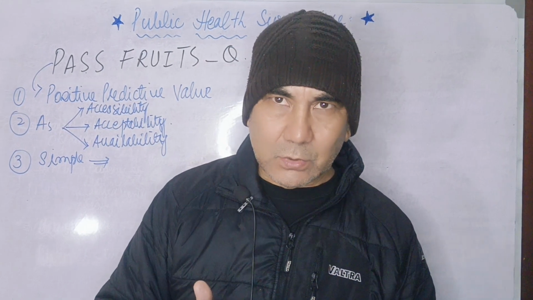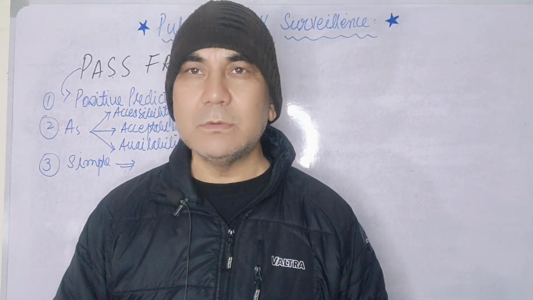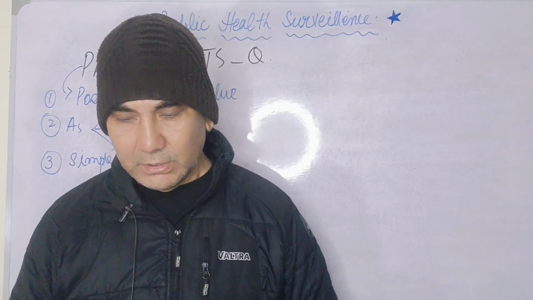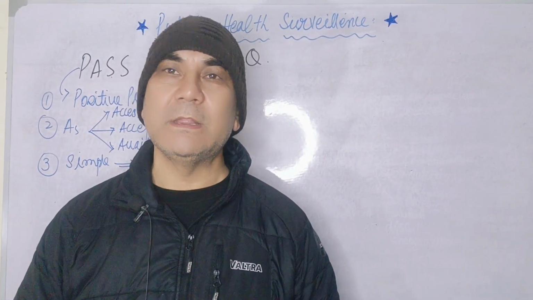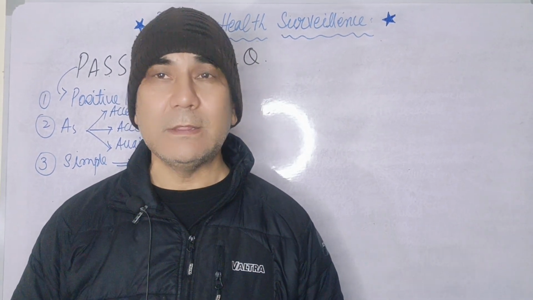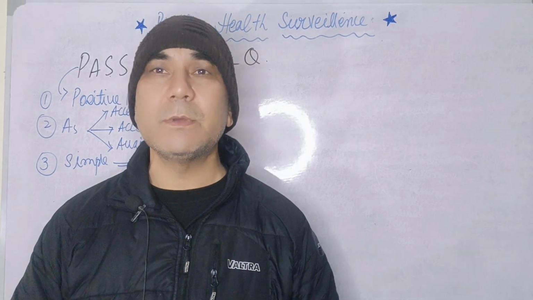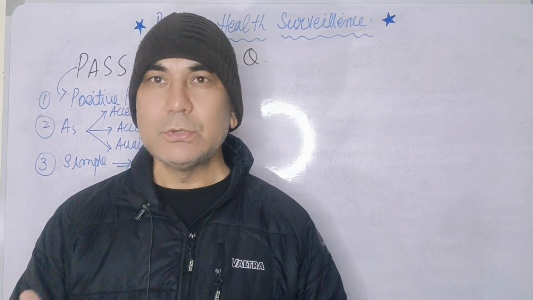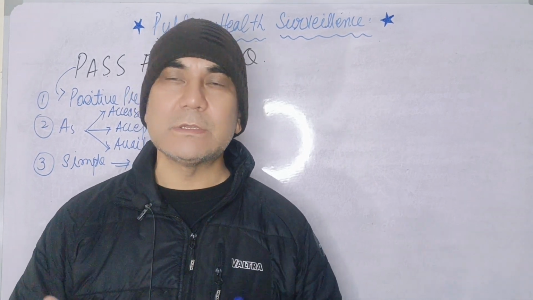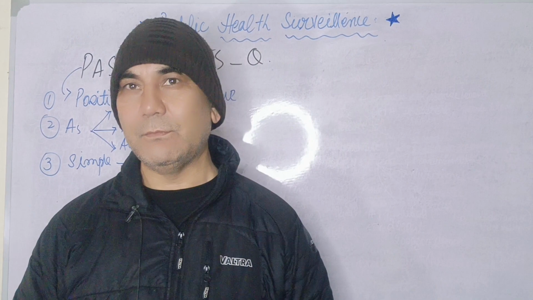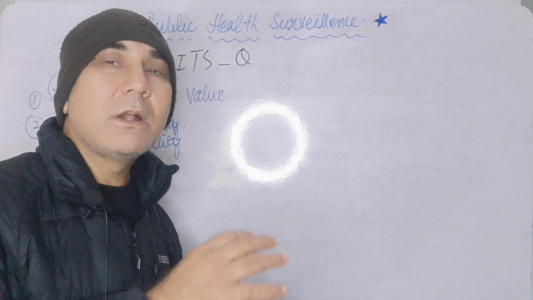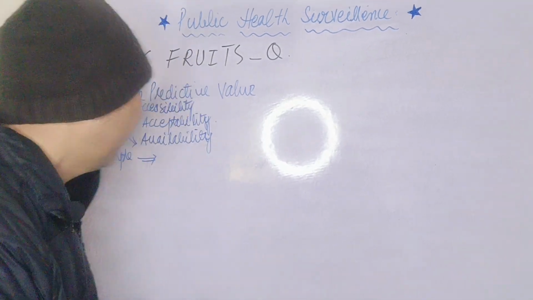Whether your surveillance system is active, passive, sentinel or syndromic, it should be simple in the way of collecting the data, simple in the way of understanding, and simple in the native language. You should ask or gather the information in a simple, local language. In this way you will collect comprehensive data from the community.